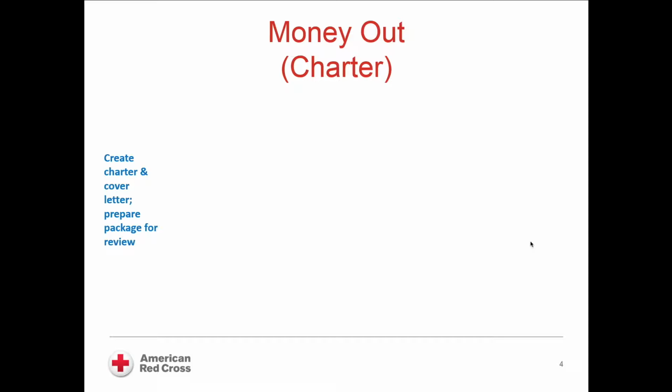Once that's all done, it goes to the program management for approval. And for charters, that's generally the program manager as the program approver. But there's guidance in ECOS on the member page where it tells you which members to assign to which roles, or which people to assign to which roles.